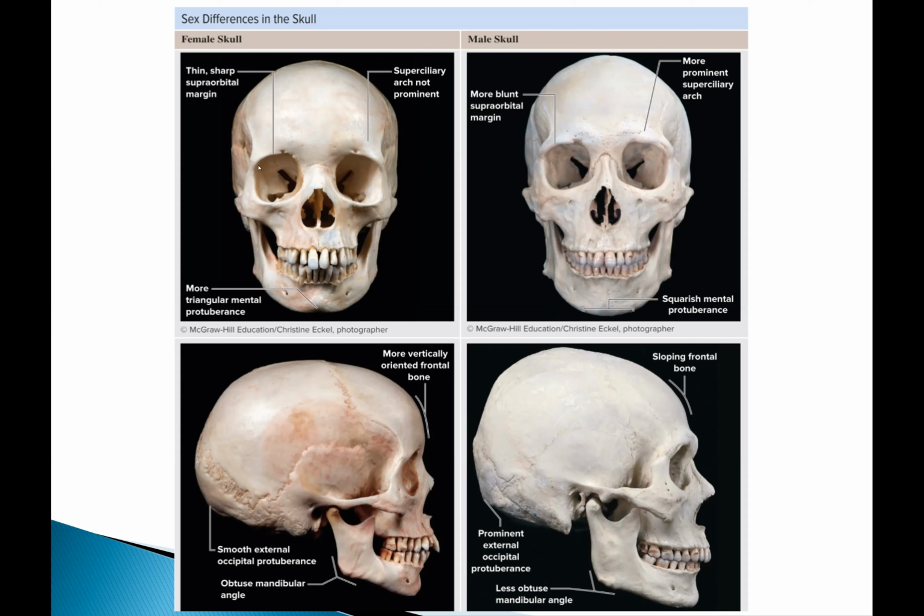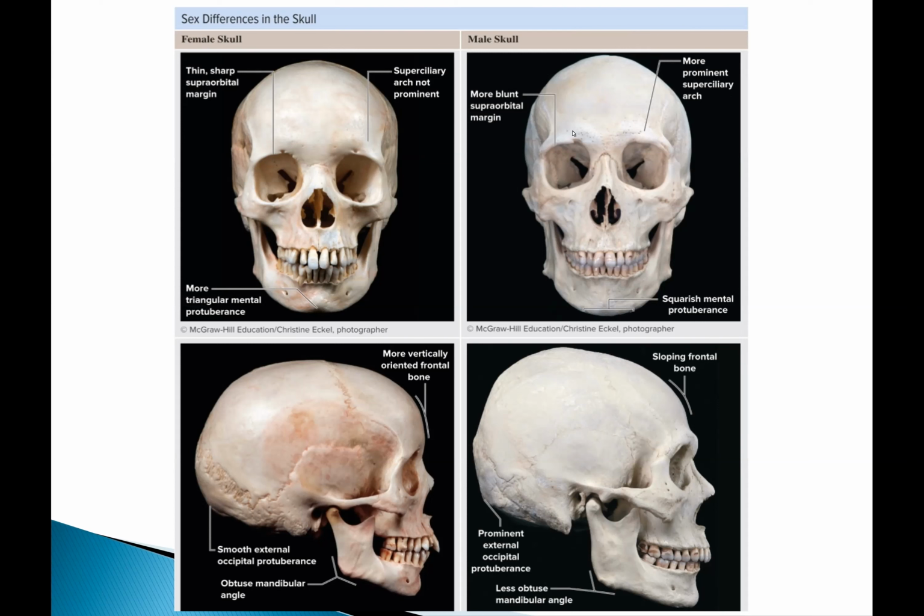The supraorbital margin, the one above the orbit right here, tends to be thinner and sharper compared to the male skull. So, if you think about the classic cartoon of a caveman with really bushy eyebrows, that's where it comes from, right? They have a very thick, heavy supraorbital margin above the eye, right?